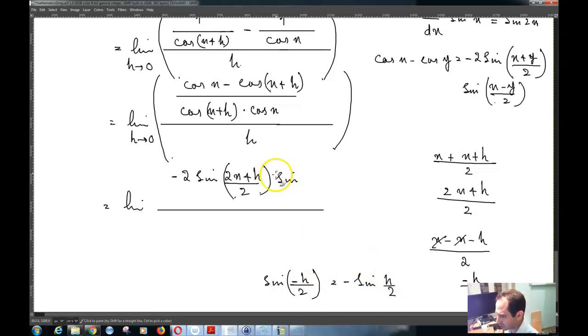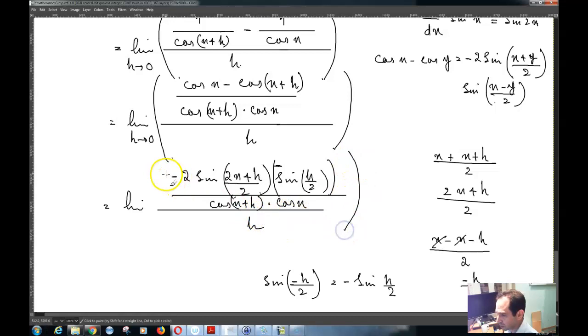I write it as negative sine h divided by 2, divided by basically cos x plus h times cos x over h as h tends to 0.